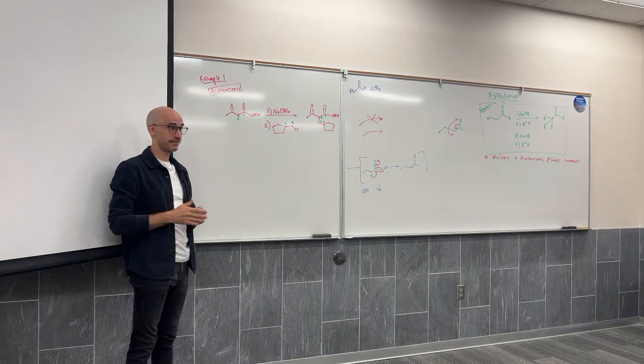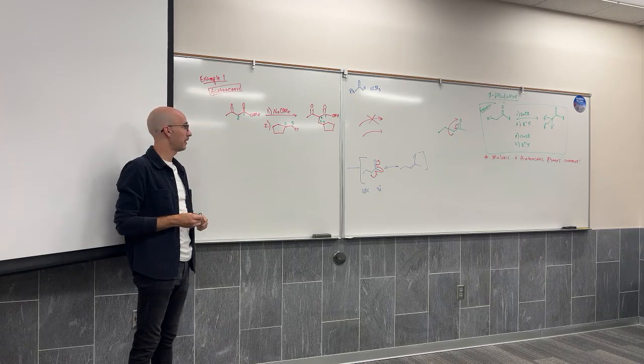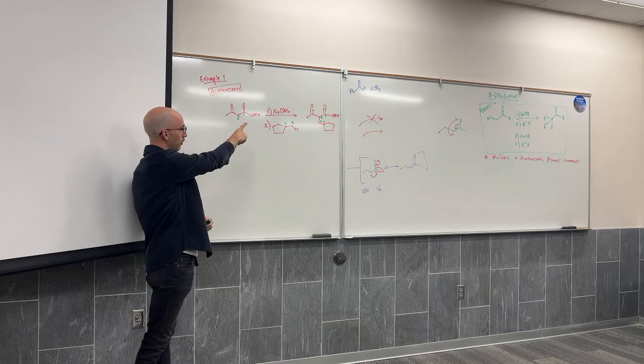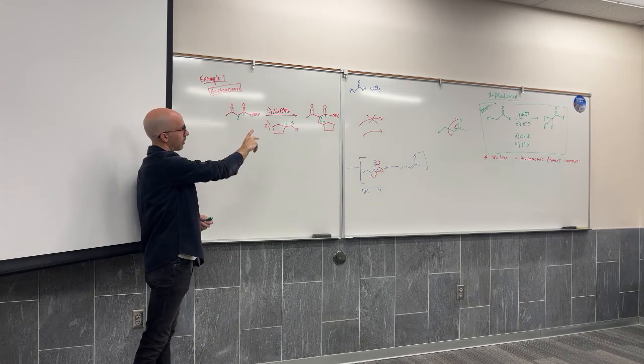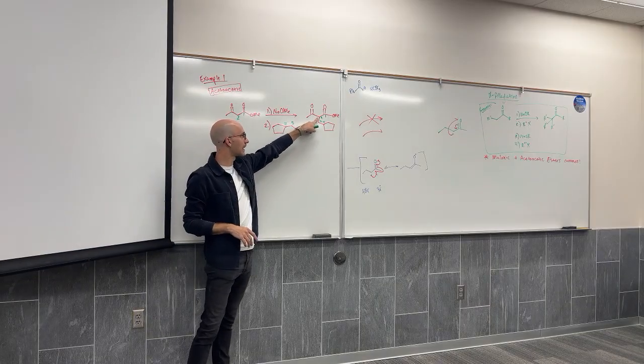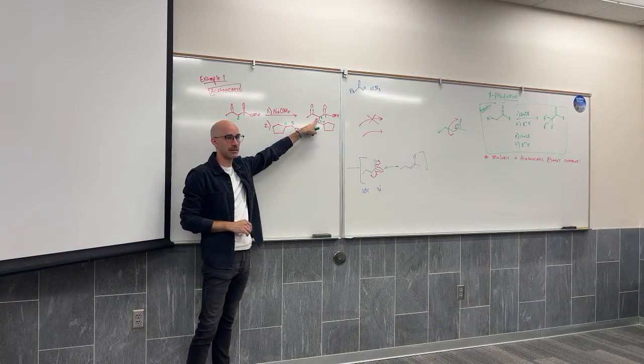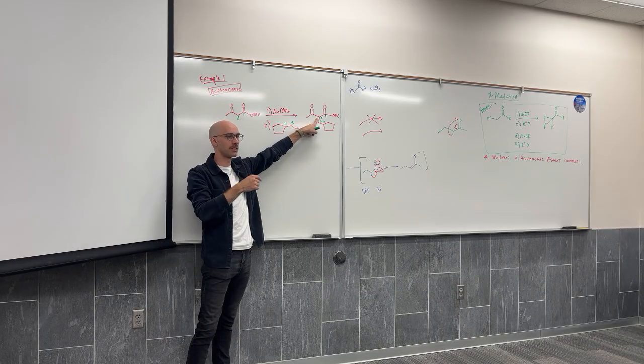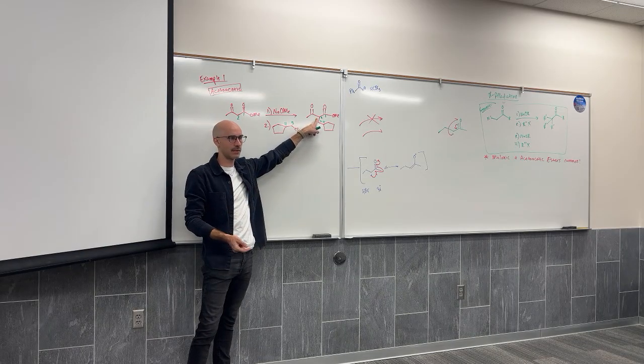And then it's done? Well, if I want to, I could have added 2 equivalents of everything. I could have double alkylated. Or, because I still have a highly acidic alpha hydrogen, I could just run another deprotonation and a second substitution reaction.